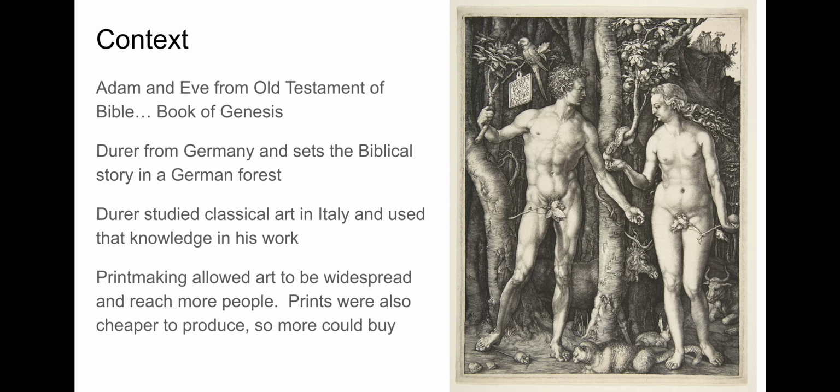We saw that with Robert Campin's Annunciation, where the Annunciation was taking place inside the home of a middle class kind of merchant or slightly wealthier family. So here, Dürer is dropping Adam and Eve into a German forest setting. So right away, that's a bit interesting and unique.